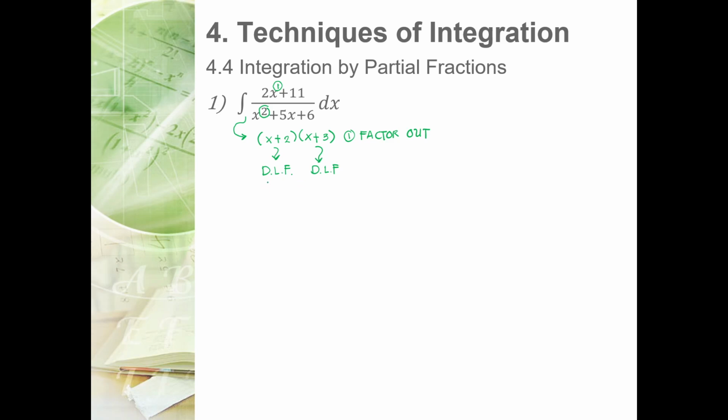From the formula, we're going to have A all over x plus 2, and then since we have another distinct linear factor, next in the alphabet is B, over x plus 3. So step number 2 is to identify the factors.